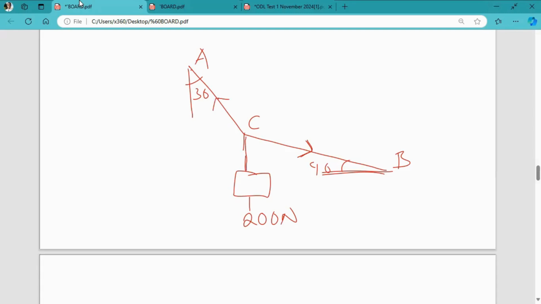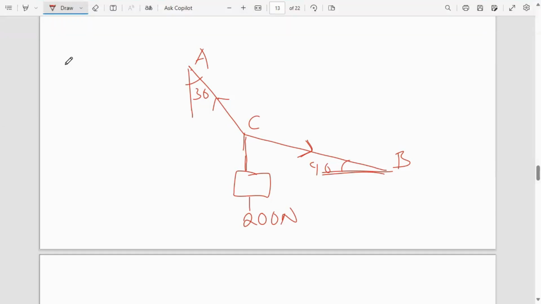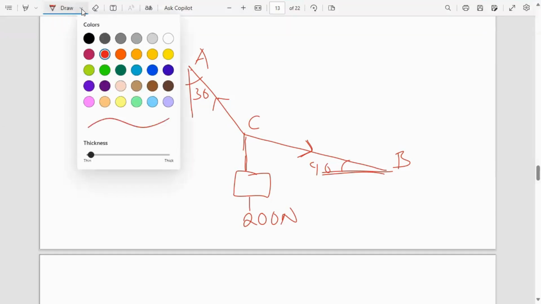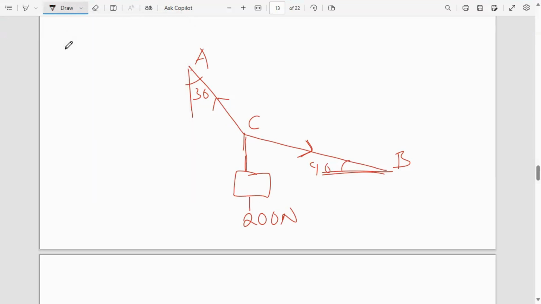So let's now resolve our tensions. If we have these tensions, what are we going to see? AC, which is the tension on top, will be in two axes. There will be one pointing up and one pointing in that direction. Since here it's 30, that means even here it's 30.